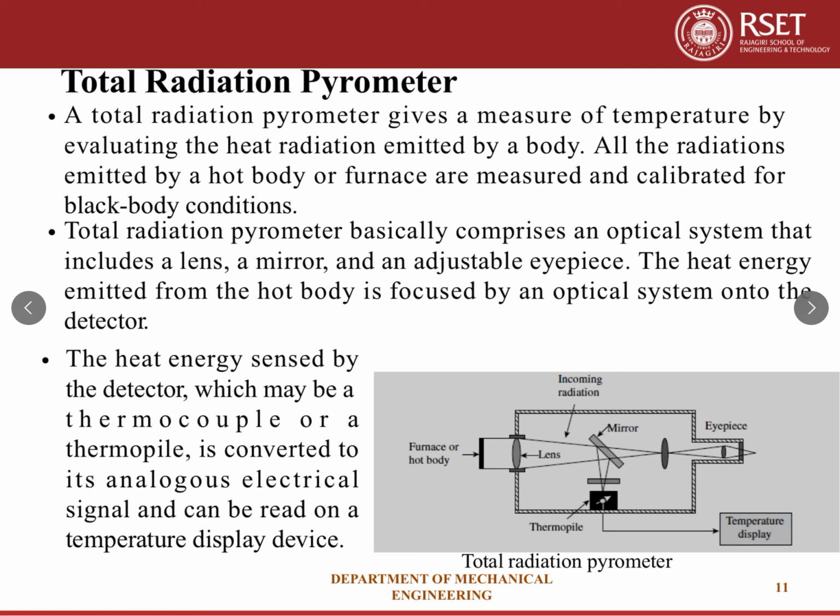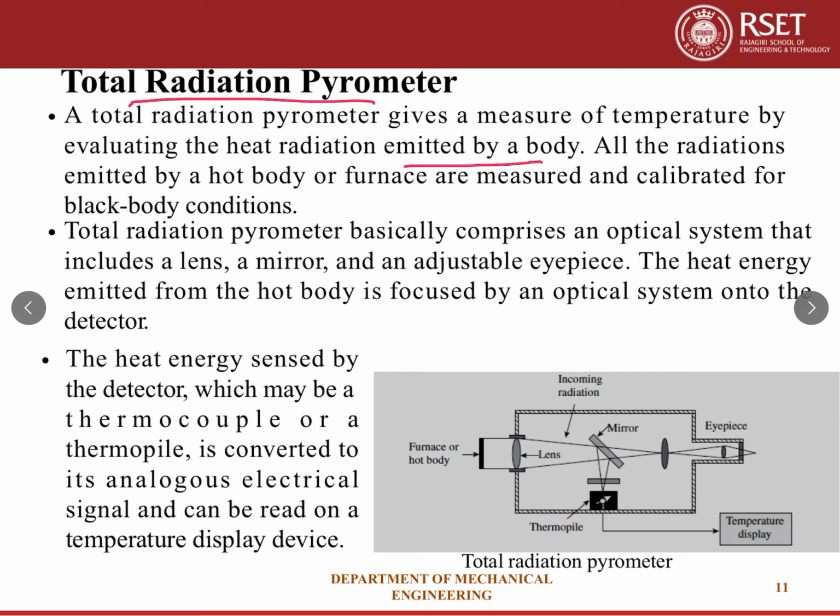Now, the total radiation pyrometer. The total radiation pyrometer gives a measure of temperature by evaluating the heat radiation emitted by a body. As we know, all bodies whose temperature is above absolute zero will emit certain radiation.